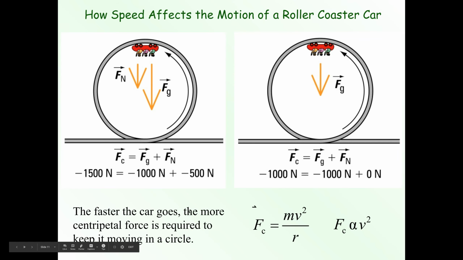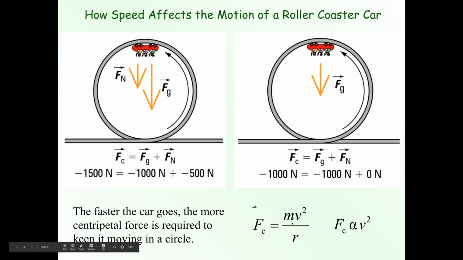If it's moving more slowly, the force required is only 1,000 newtons compared to 2,000. This is out of your textbook on page 261.